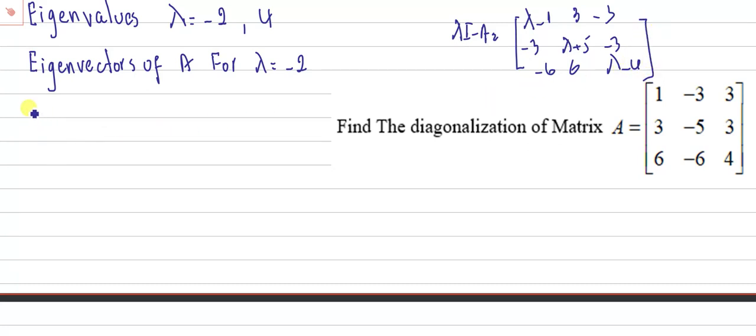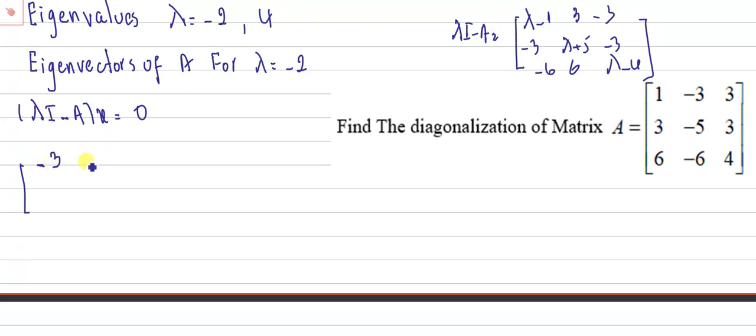So I write lambda I minus A multiplied by x equal to 0. Now we get lambda equal to minus 2.